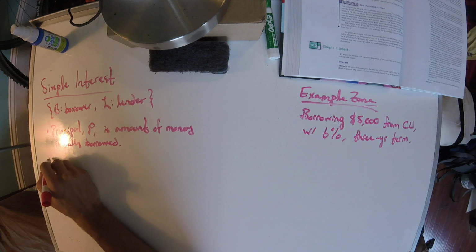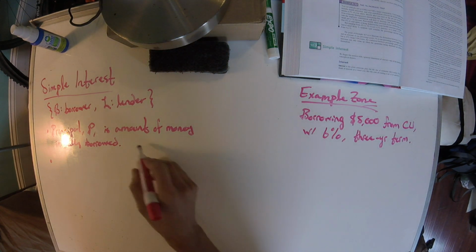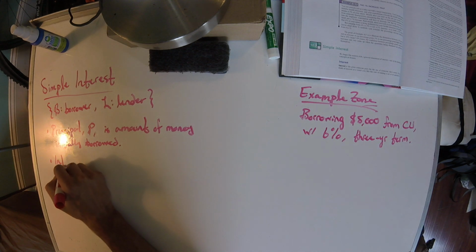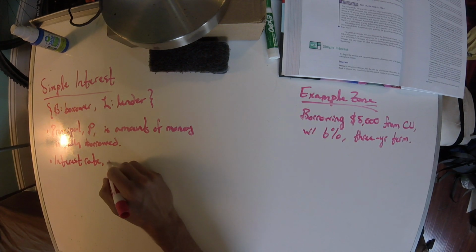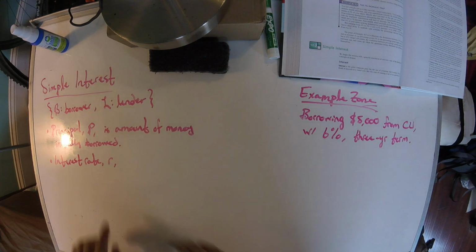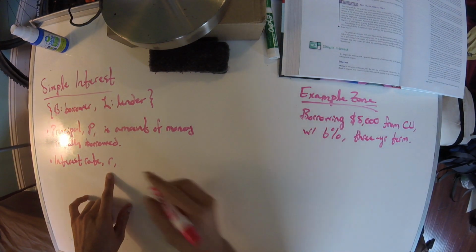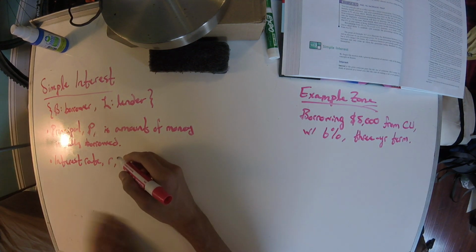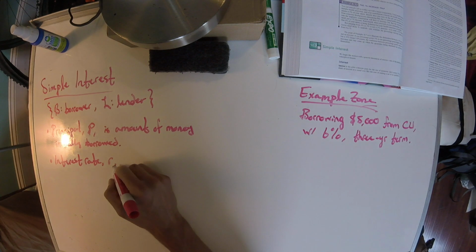Great, so now we need the interest rate. This is denoted by a little r. And this is the rate paid by the borrower on the principal that has been borrowed.